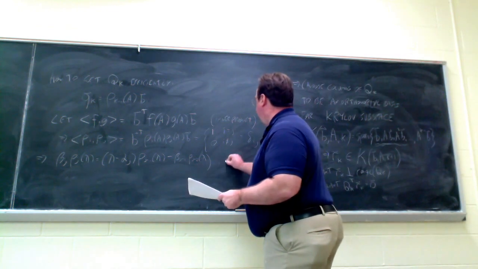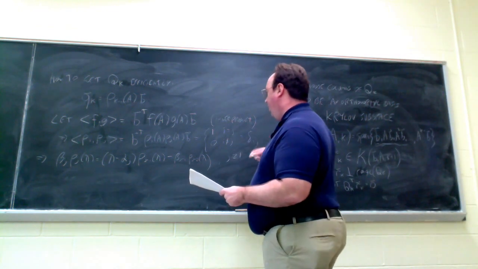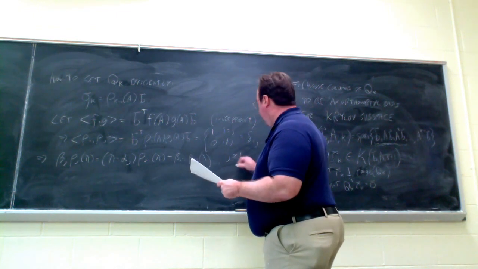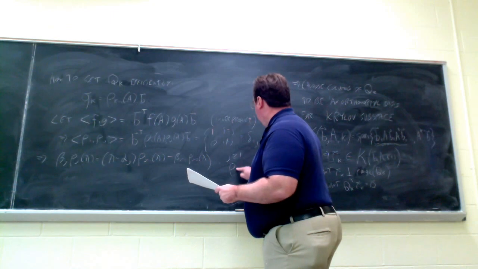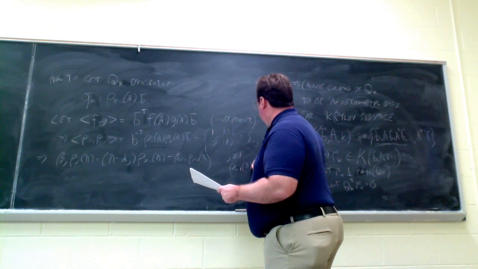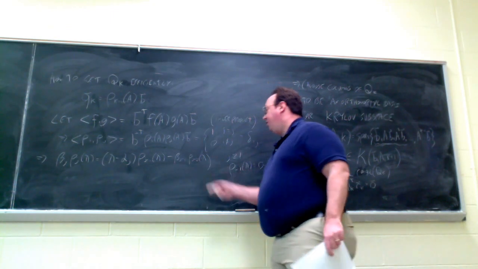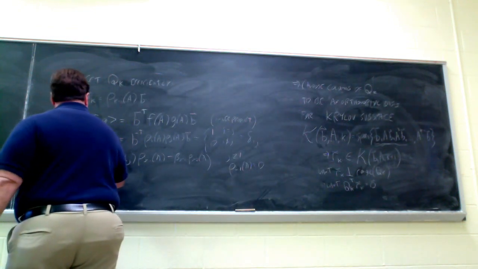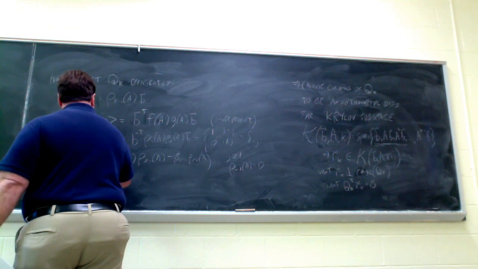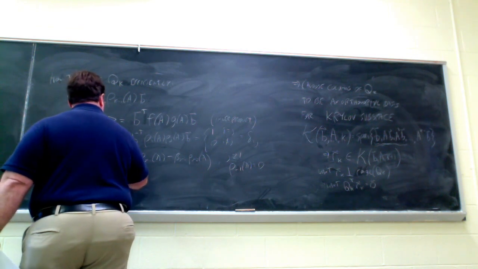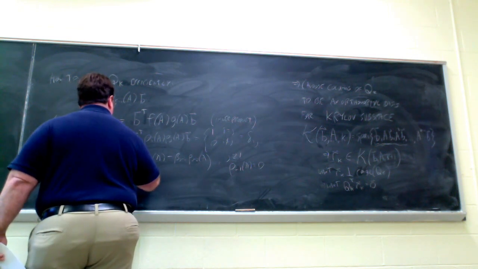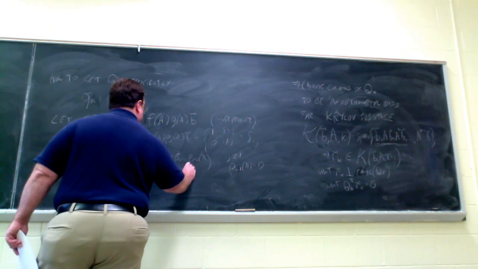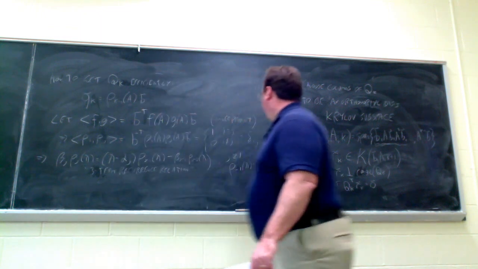And this relationship is true for j equal to 1, 2, 3, and so on. This is called a three-term recurrence relation, because each polynomial depends on the previous two. So there are three involved altogether at one time.